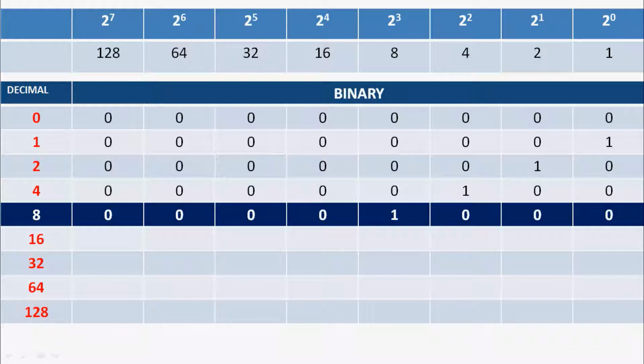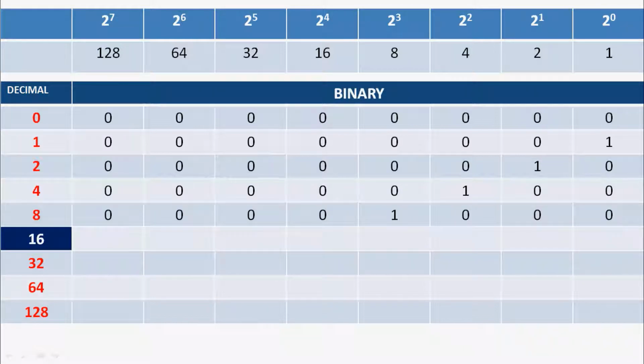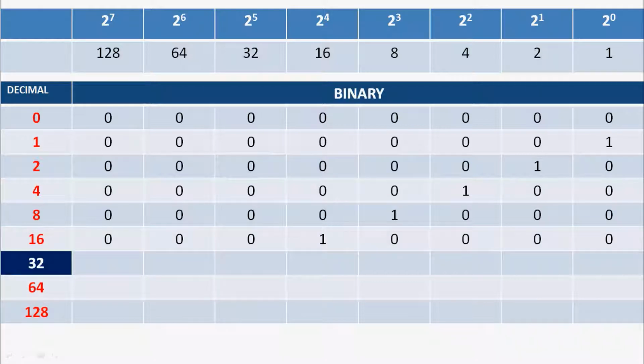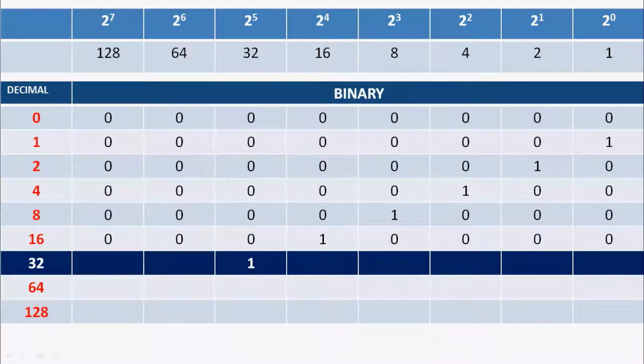Now we will come to the decimal number 16. Yes, straight to 2 to the power of 4, we have to put 1, and all other bits will be 0. So we get 16. Respectively, we can go to 32, 64 and 128. Here we can see for 32, straight to 32 we put 1, and all other bits will be 0.